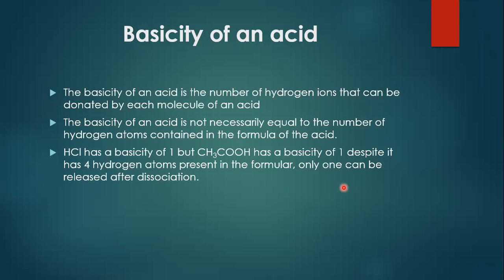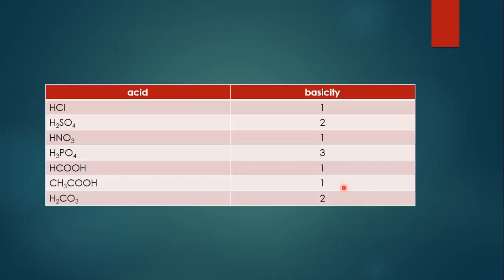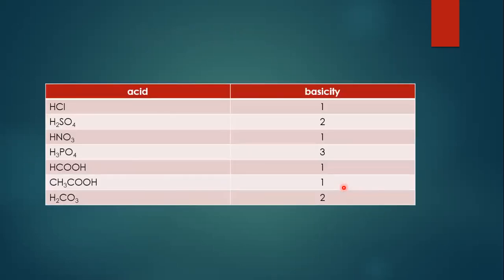Now let's look at a table telling us the basicity of various acids. The first one, you can see HCl there. It has just one hydrogen atom here, so the basicity is 1. Two, you have H2SO4. It has 2 hydrogen atoms here, so basicity is 2.